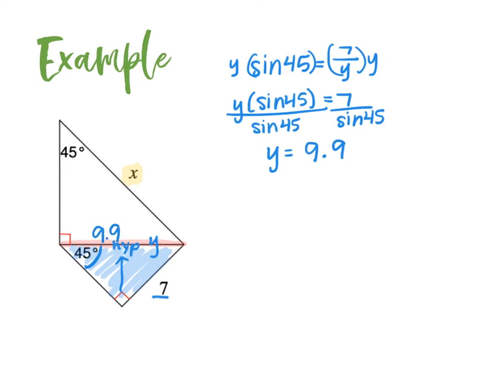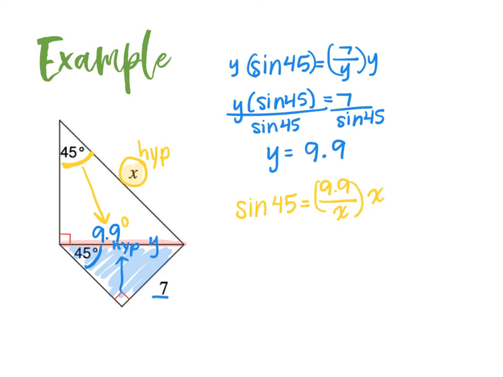Well, that gives me enough information to find x because now I have an angle and a defined side and a variable side. So this still is an opposite and a hypotenuse. So I'm still going to use sine. So the sine of 45 is going to equal that opposite side, or 9.9, over the hypotenuse, or x.